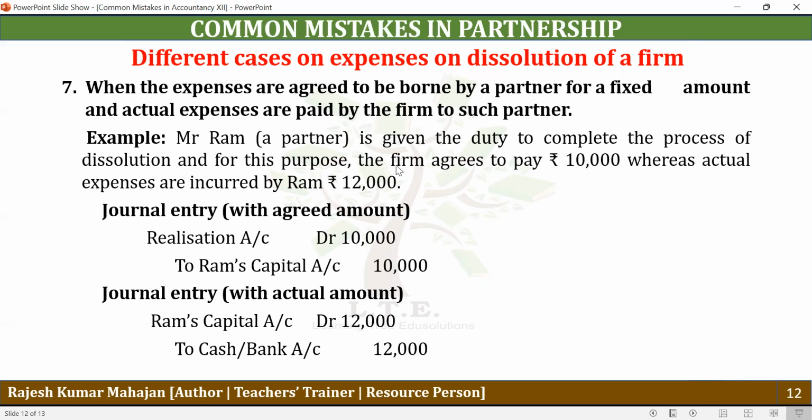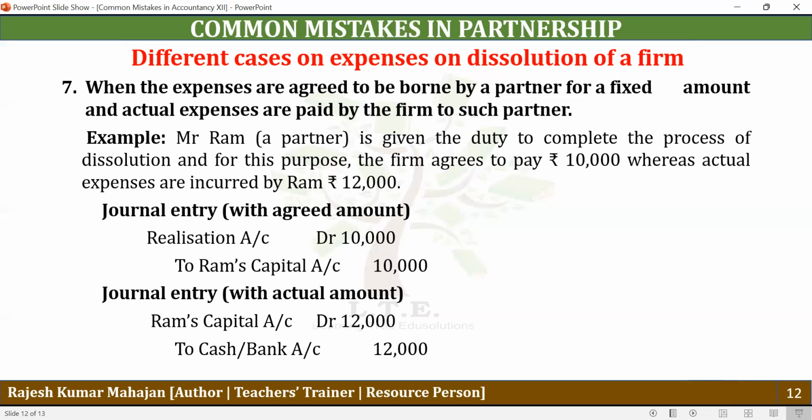The remaining partners have agreed with Ram that he will take charge to dissolve the firm. And for this purpose, rupees 10,000 are agreed to be borne by the firm. So this is 10,000 which will be borne by all the partners, including Ram. So this 10,000 is basically the expense for the firm.